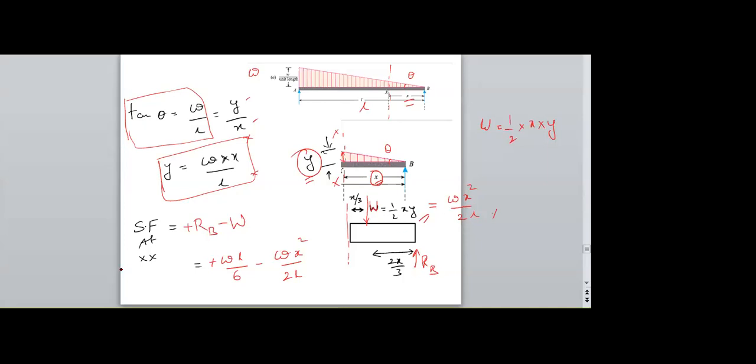Therefore, the shear force at XX is equal to, we have only two forces, RB and capital W. RB is moving in the upward direction, so it is positive, and W is moving in the downward direction, so it is negative. Substituting the RB value and W value, I am getting a relation.